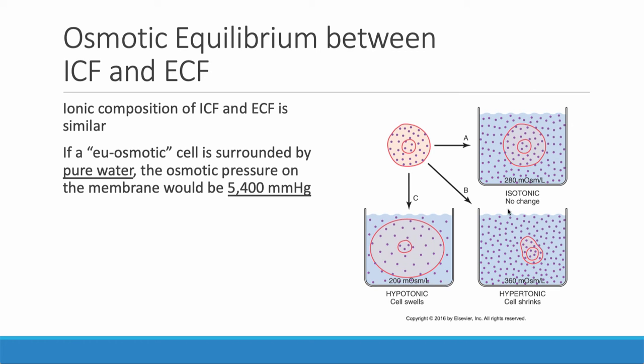So again, an isotonic solution has the same concentration of particles in the solution as we do inside the cell membrane. A hypotonic solution is where there are fewer of these ions in the solution than there are inside the cell.